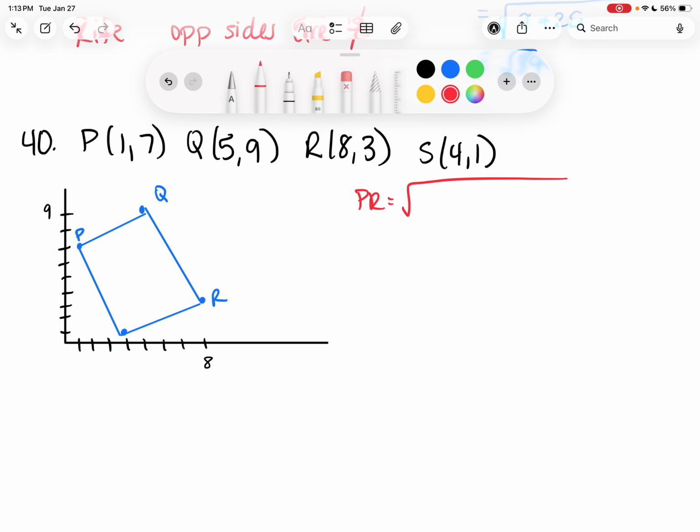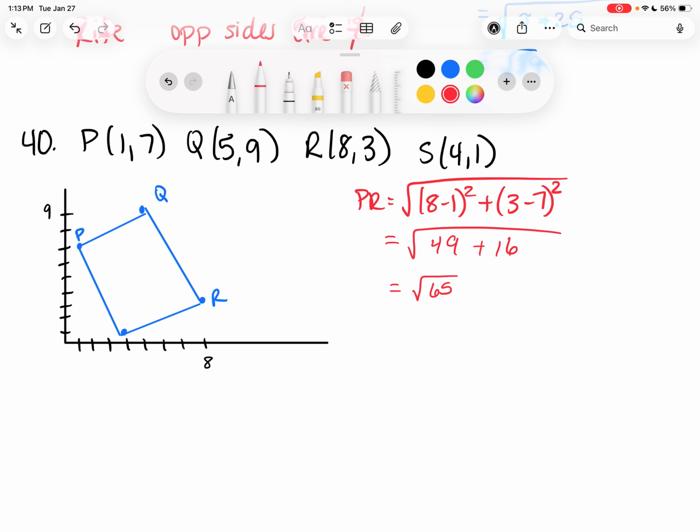Cool. All right, so PR, we've got 8 minus 1 squared plus 3 minus 7 squared. So that's 7 squared is 49 plus negative 4 squared is 16. So that would be the square root of 65. So that's this diagonal going this way.